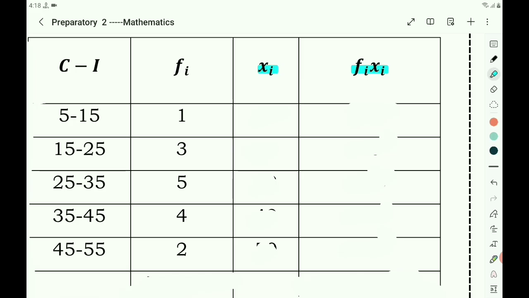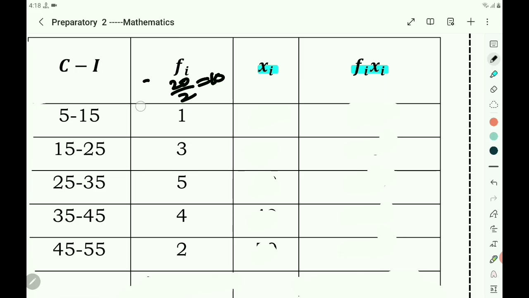Xi is the midpoint of the class. How will you get the midpoint? Midpoint is the average of lower limit and upper limit. Here we add 5 and 15. 5 plus 15 is 20 divided by 2, which is equal to 10.